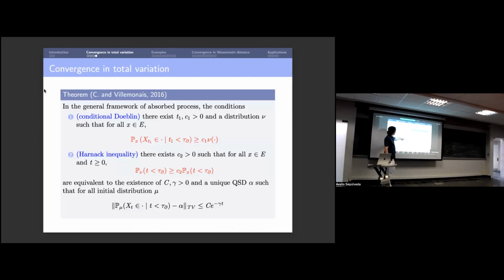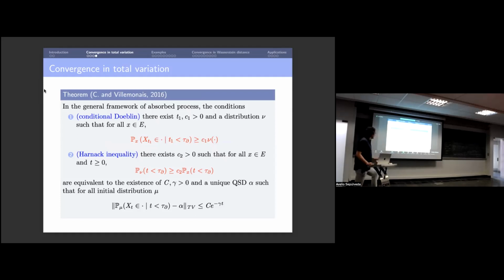So here there's no coupling because it's only total variation, but it's exactly the same kind of property. You need to say that given X survives, there is some coupling. So in a sense, it's an extension in Wasserstein distance of this condition. And you can notice that we do not have any condition of Harnack type in contrast.